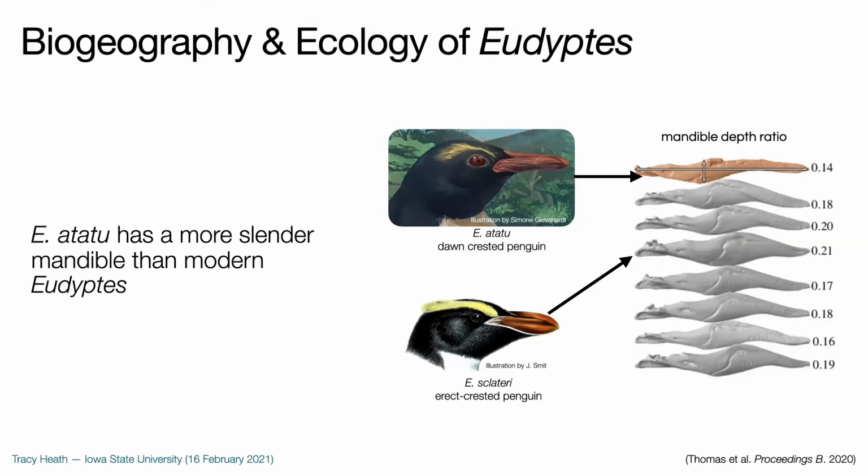This was indicative that there might have been some overall processes dictating a change in the width of the bill mandible for Eudyptes species. And so this led to additional hypotheses about the ecological context in which this particular genus evolved.